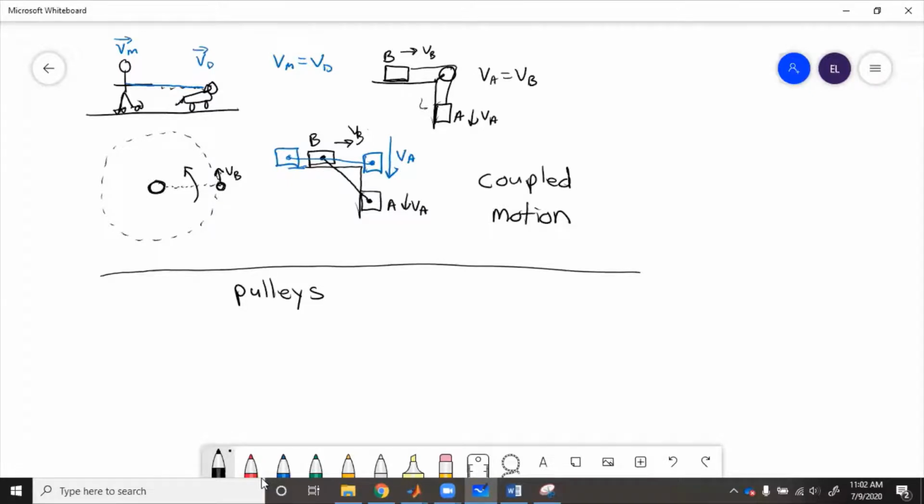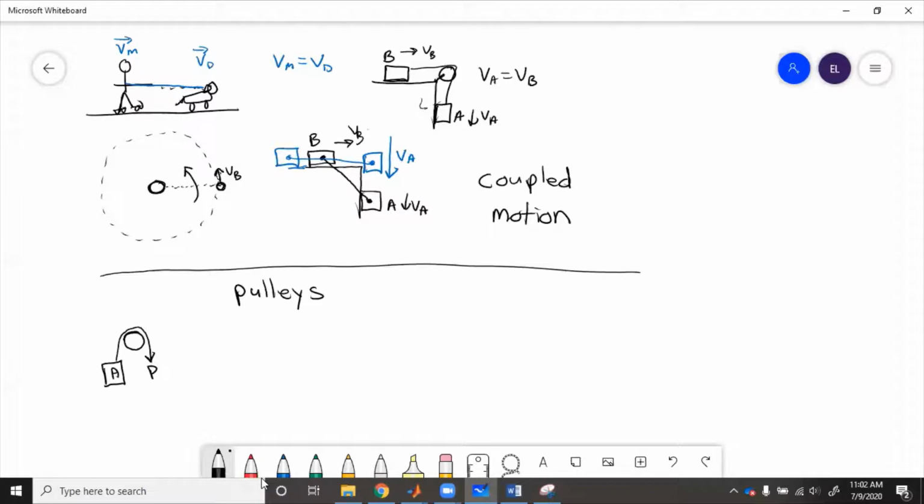If a pulley is connected to something by the same rope, the easiest thing to do to figure out velocities, so let's say this is block A, it goes over a pulley, somebody's pulling on it. The easiest thing to do with pulleys to figure out how fast the relative motions are is just count the ropes.